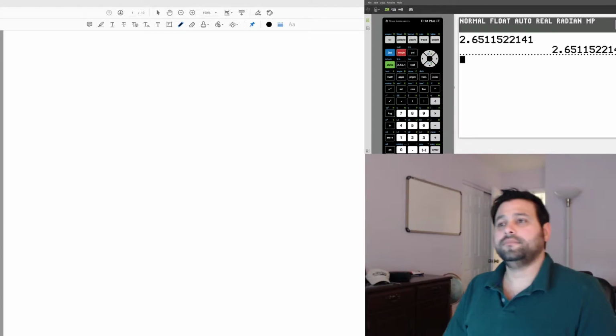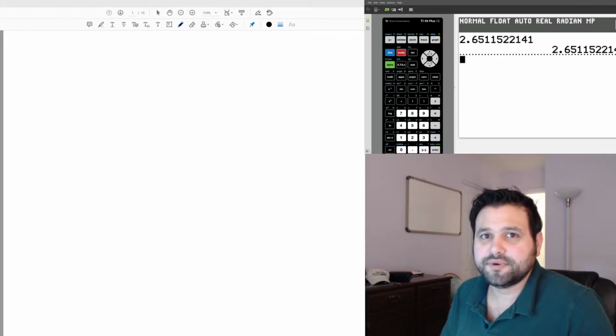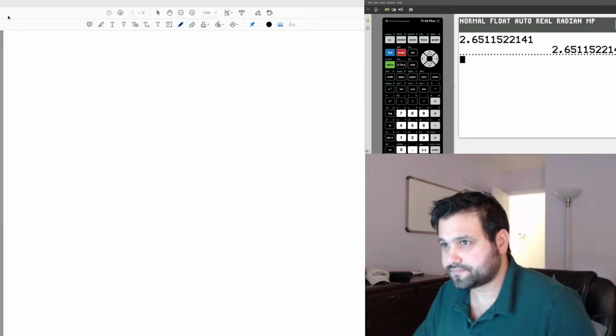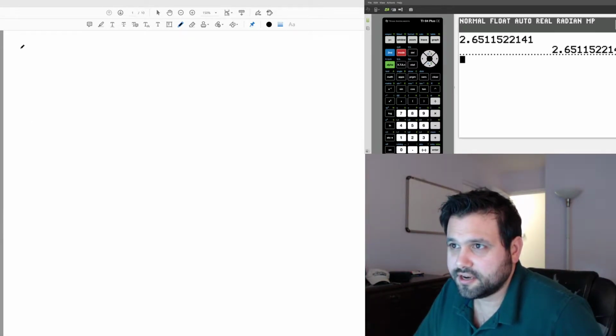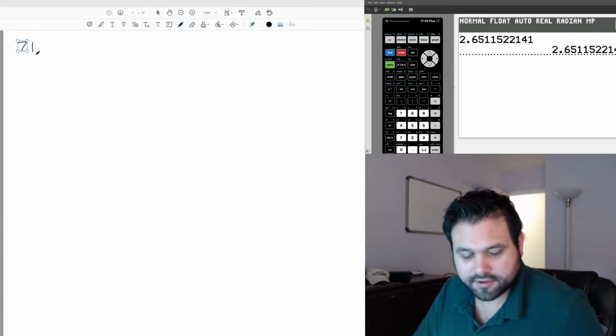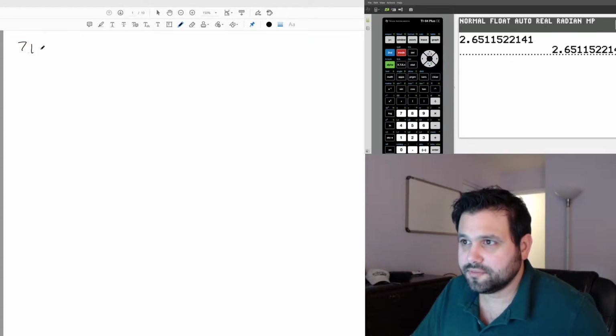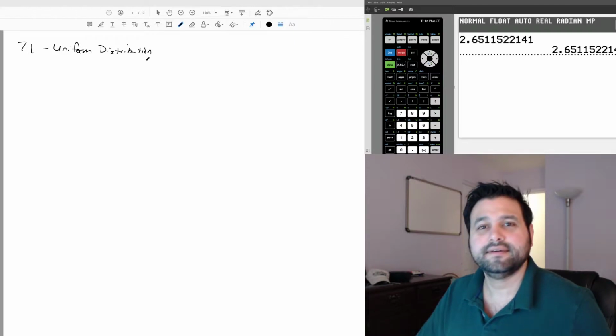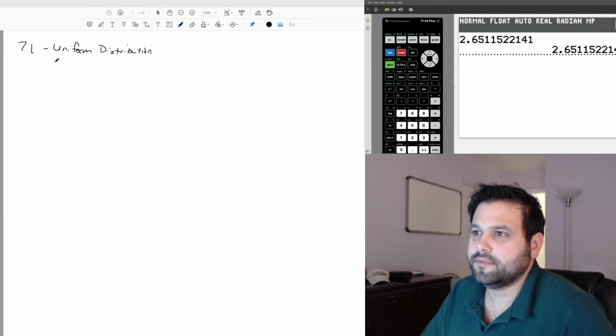The first type of continuous probability distribution we're going to talk about is called the uniform distribution. We are going to be talking about 7.1, the uniform distribution. A uniform distribution is pretty much what I started with in that example.